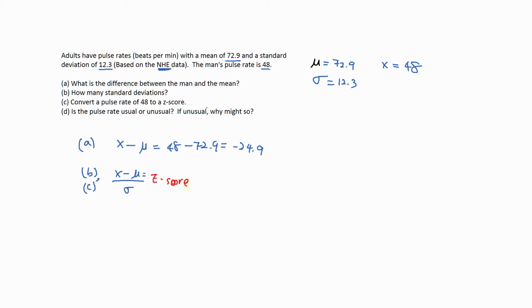So what's the z-score? The z-score tells you how many standard deviations a data value is from the mean.